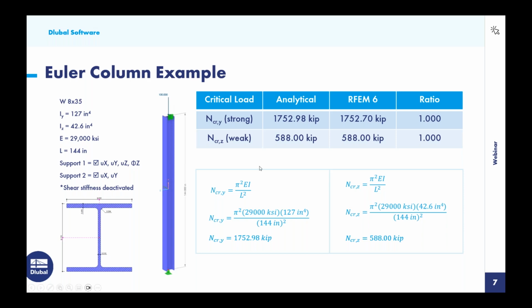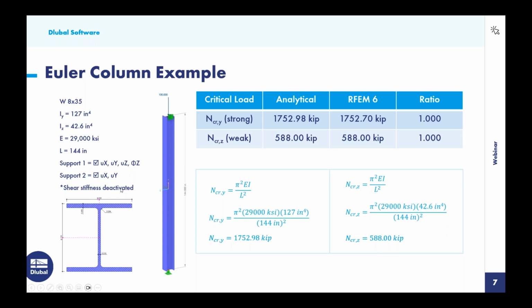Now, when we look at the Euler buckling formulas shown over here on the right-hand side, we have both the strong axis where we can simply input the properties of the section and the material to determine that our critical buckling load for that strong axis direction is around 1753 kips. For the weak axis direction, when we modify this input here, we find, of course, a much smaller critical buckling load of 588 kips.